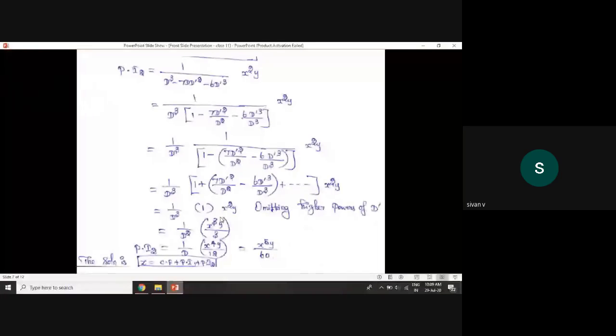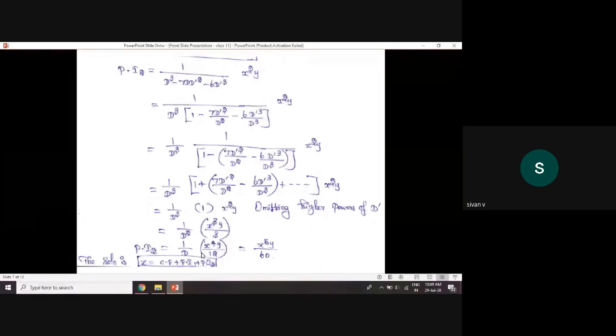Integration, yes, very good. D cube, 3 times you have integrated. So x square integrate x cube by 3, next x power 4 by 4, next x power 5 by 5. All the denominators combine and multiply. Finally x power 5 y by 60. This is particular integral 1. Final solution: complementary function plus particular integral 1 plus particular integral 2. Next problem.